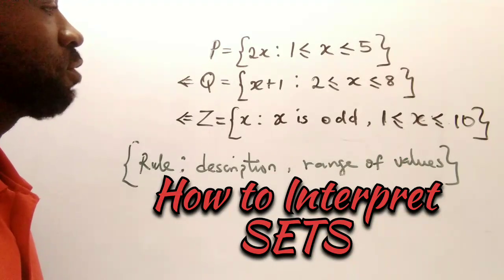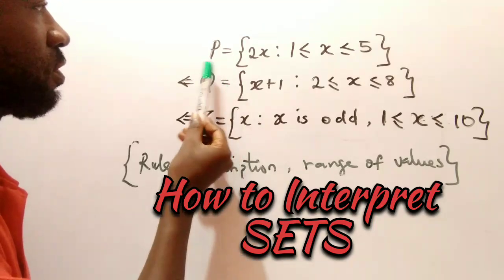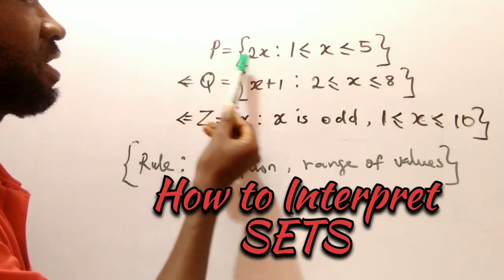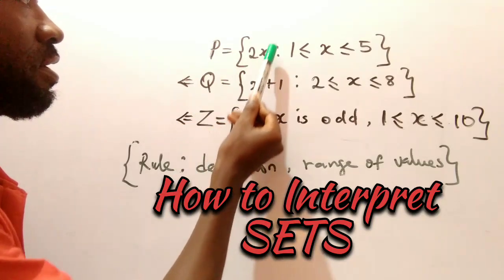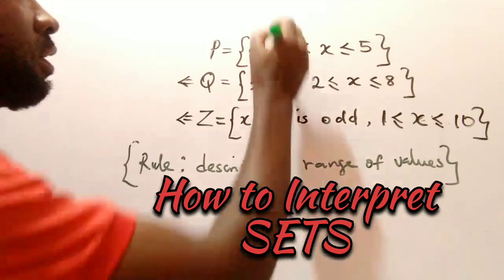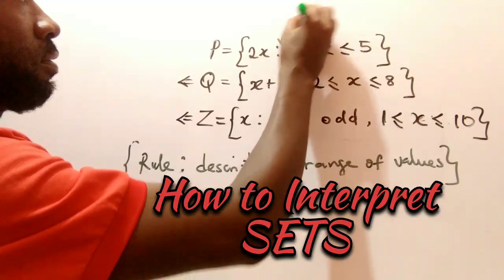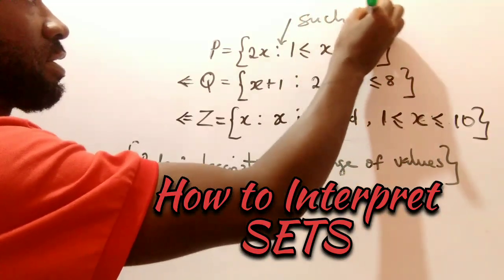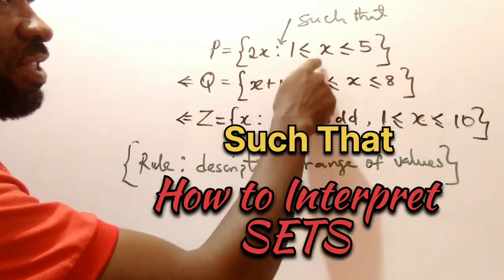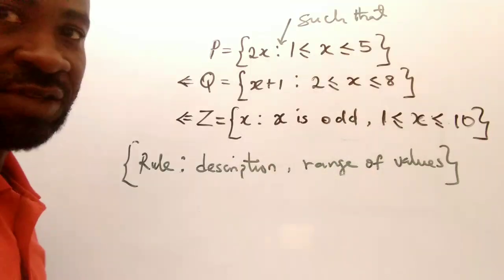Now, another thing we have to know is how we can read a set like this. This can be read as P is the set of 2x such that, anytime you see this colon, you read it as such that, 1 is less than or equal to x is less than or equal to 5.